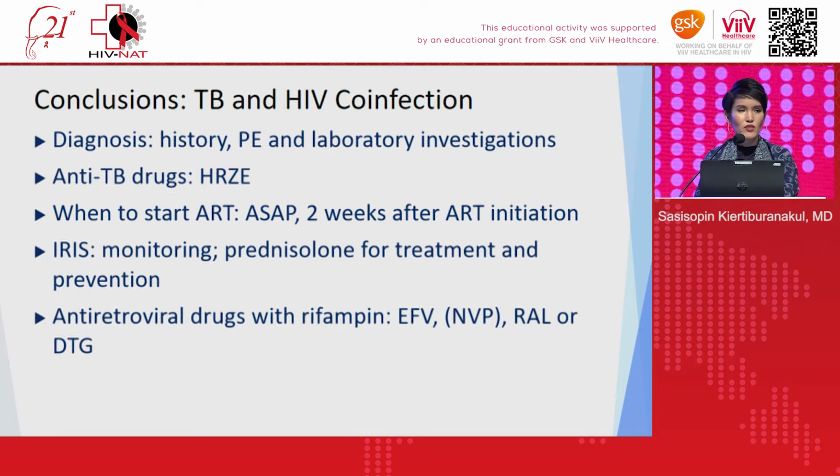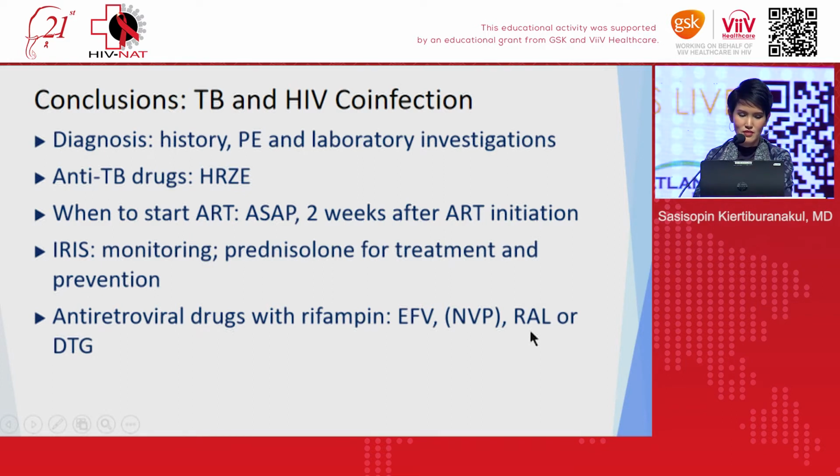For antiviral drugs that can be used with rifampicin, efavirenz is still the first recommendation, and also two integrase inhibitors, which are raltegravir and dolutegravir, can be used with rifampicin. So I would like to finish my case. Thank you for your attention.